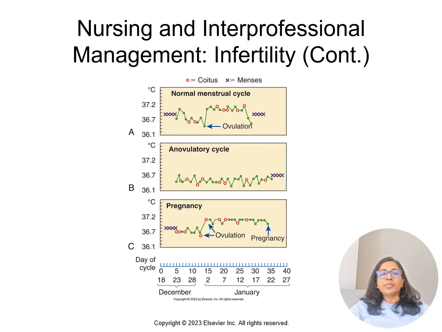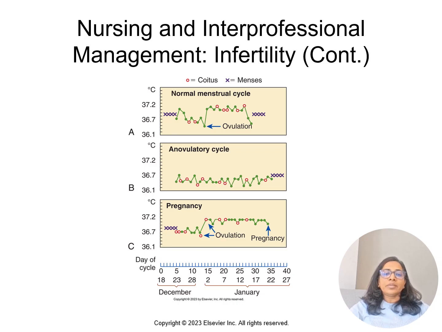As I said before, this is a picture of that ovulatory cycle. When we see that there is an increase in estrogen, you see that there is a drop in the basal body temperature. And then after ovulation, the temperature rises. So this is how a normal ovulatory cycle looks, versus an anovulatory cycle, where there is not much drop or increase in basal body temperature.